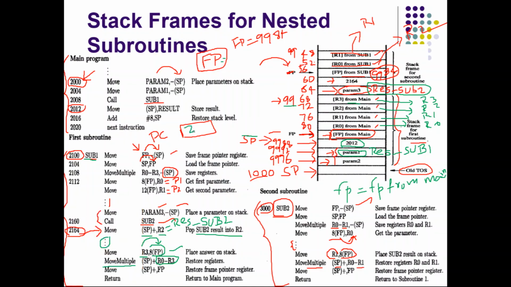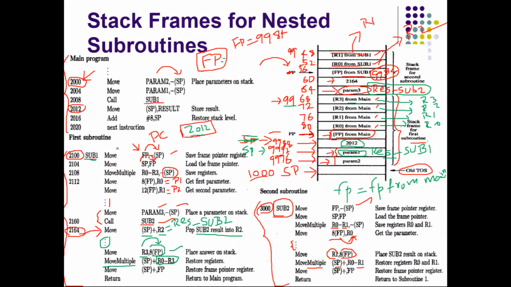Whenever the return statement is executed, the top of the stack will be popped. If the top of the stack pops, SP will increment. So SP will be 9992. SP will point to 9992. What is 9992? Previously 9992 was holding parameter 1. Now it is holding the result from subroutine 1. And now PC is 2012.